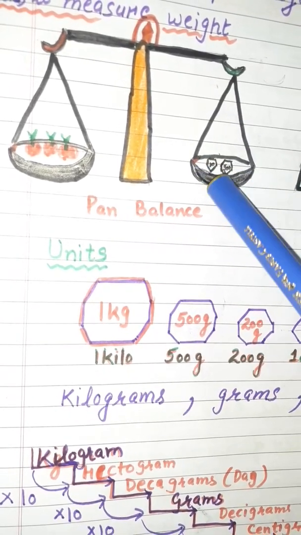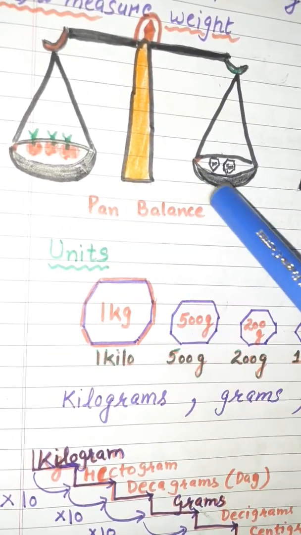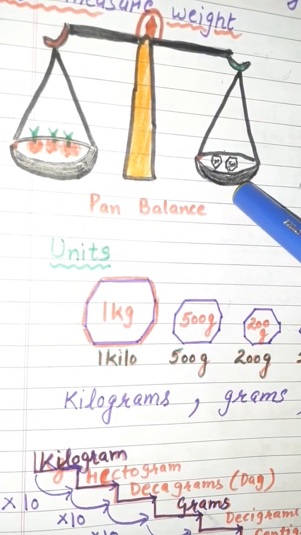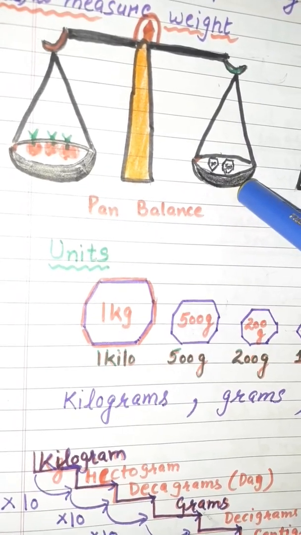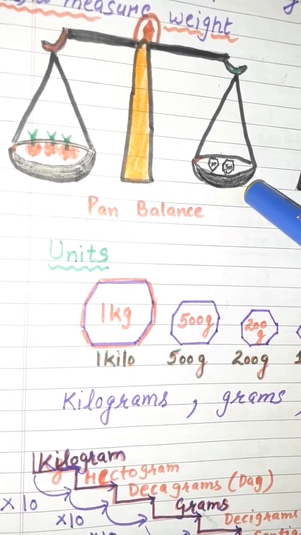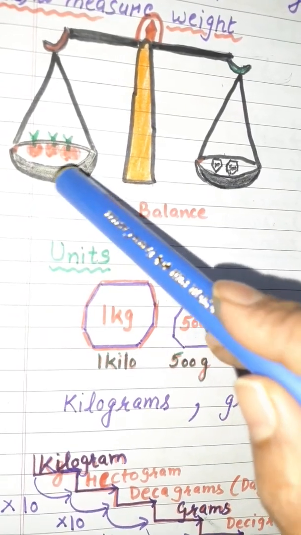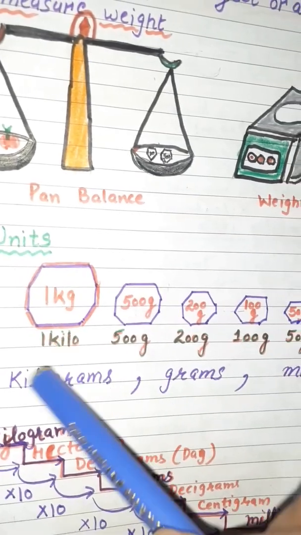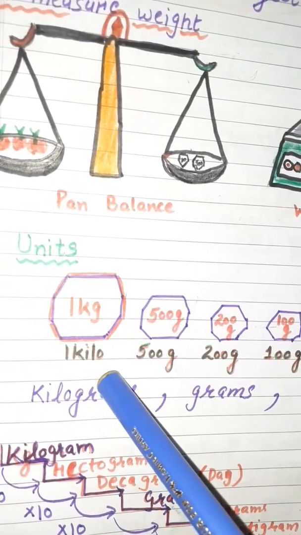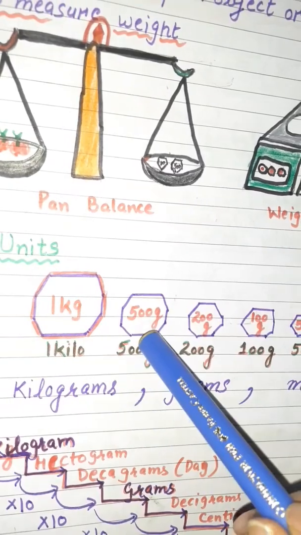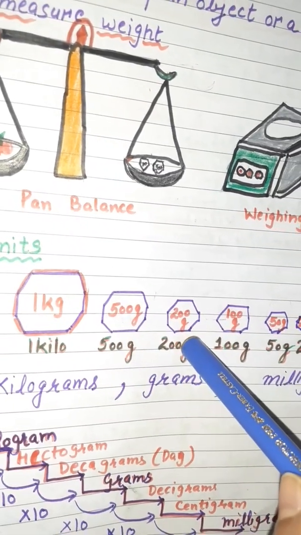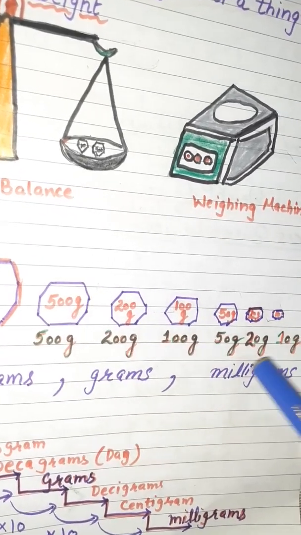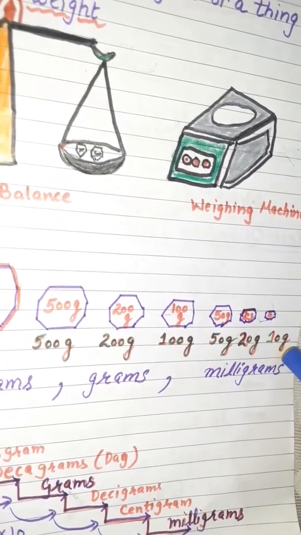So when the fruit seller wants to measure the weight of these items, he places these iron weights in the first pan, and in the second pan he places fruits or vegetables. The different units we use here are 1 kilogram, 500 grams, then 200 grams. We have weights like 100 grams, 50 grams, 20 grams, and 10 grams.